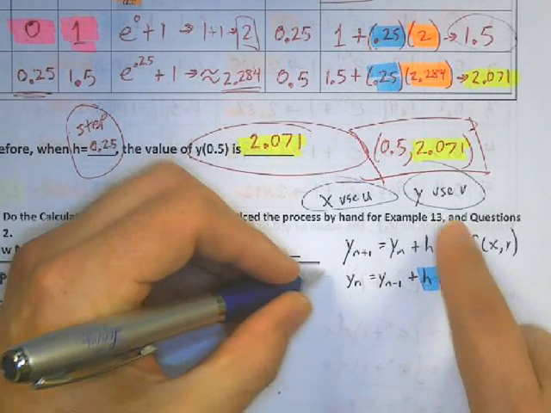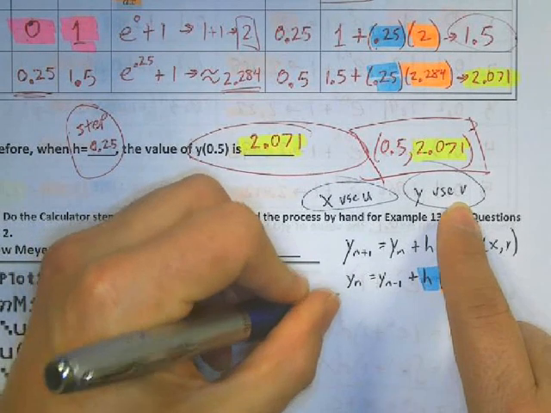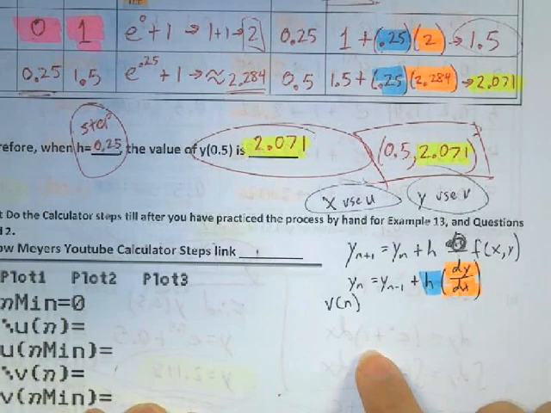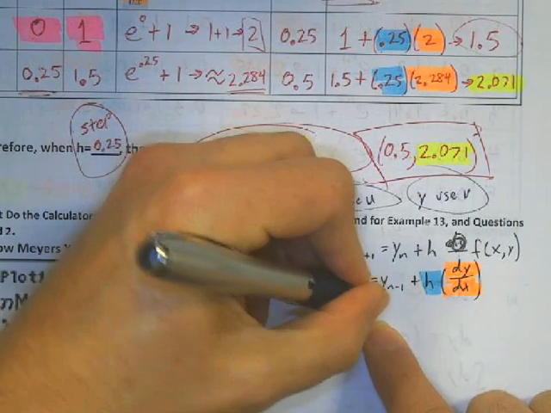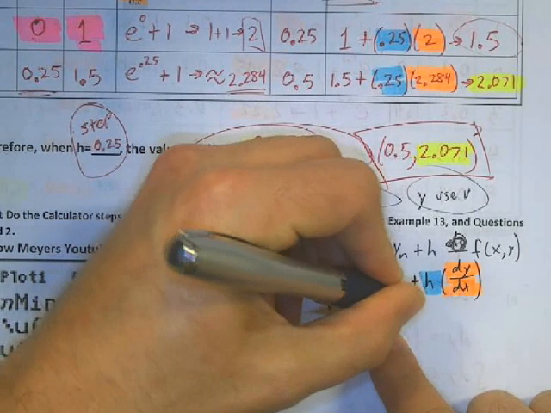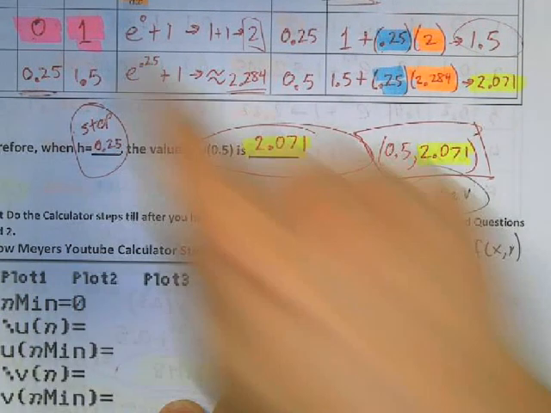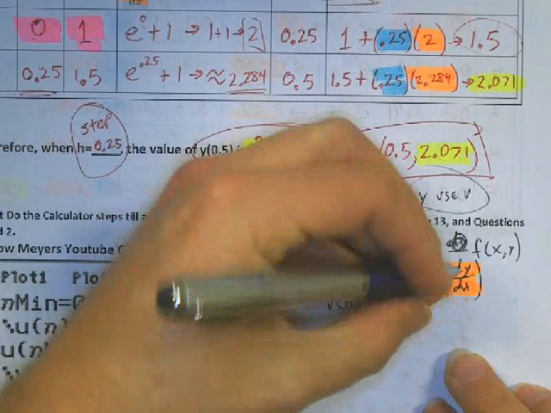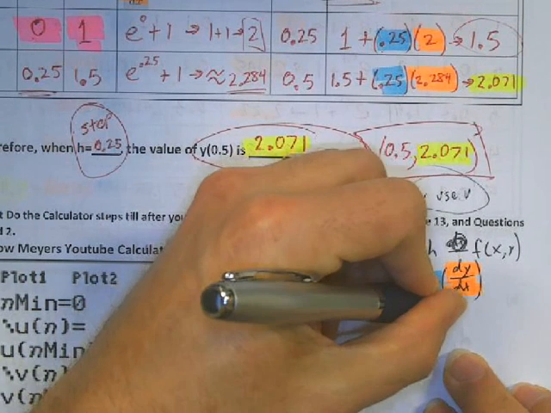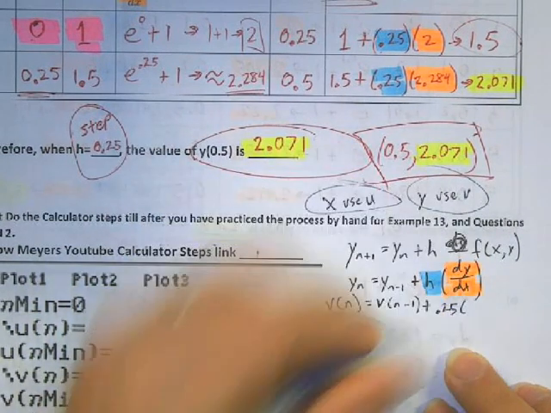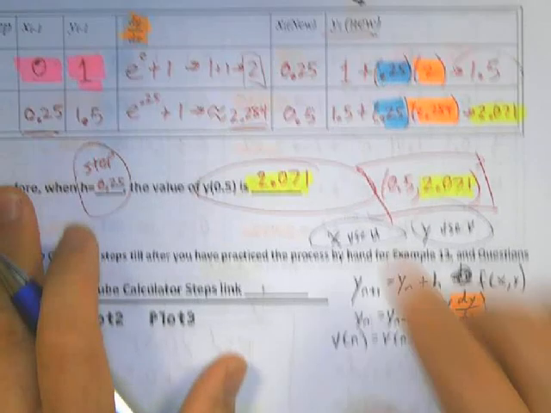So v parentheses n equals v parentheses n minus 1 plus our h value, which in this example is 0.25, and then dy dx here is this formula.